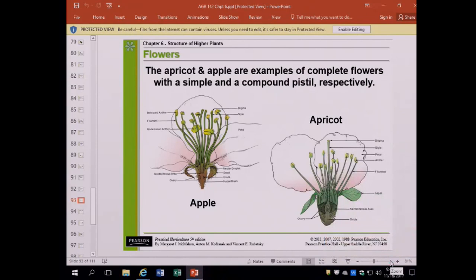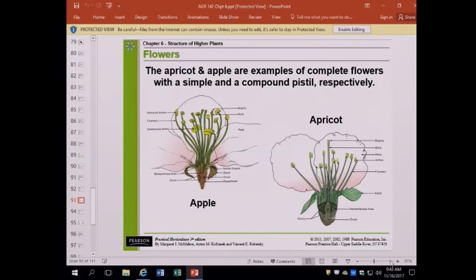But as we look at this, you can see the ovary in the base of both of these flowers, and the ovules in the apple. There's going to be 5 of those, where with the peach there's only going to be a single because of the way that this is done. The apple, you'll see, has got stigma.